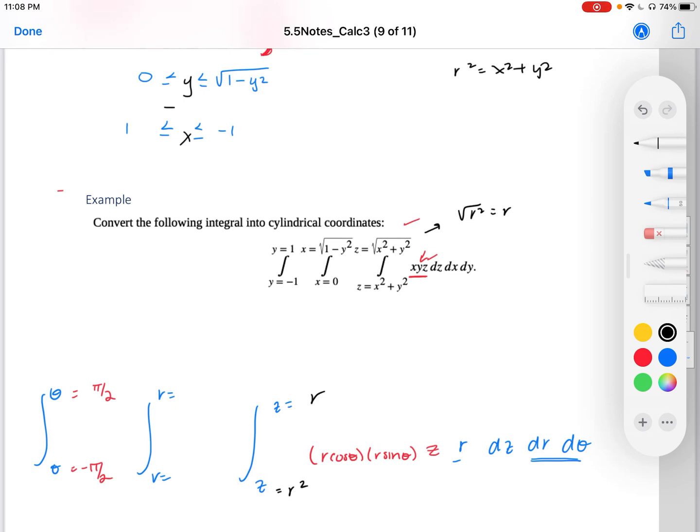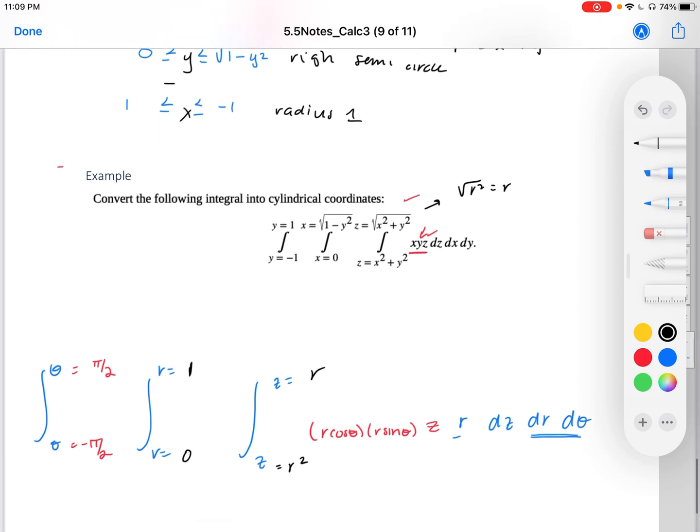So for our y's, it tells us that we have a right semicircle. And our x's tells us that we have a radius of 1. So for r, it would be a radius between 1 to 0. And that wasn't a very good explanation.